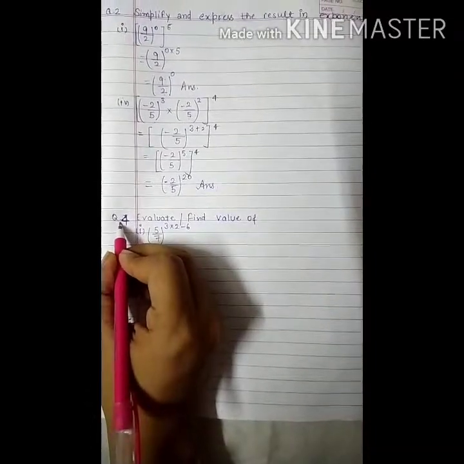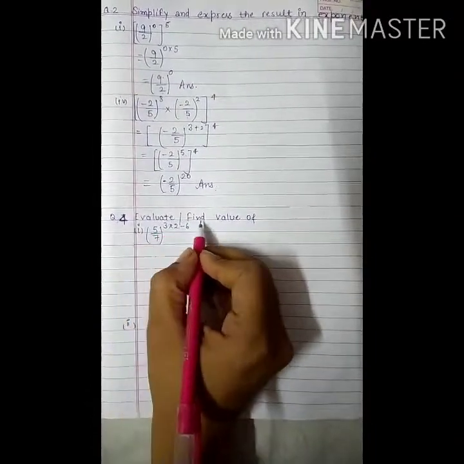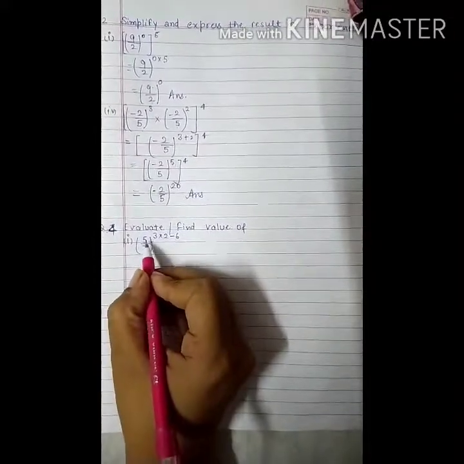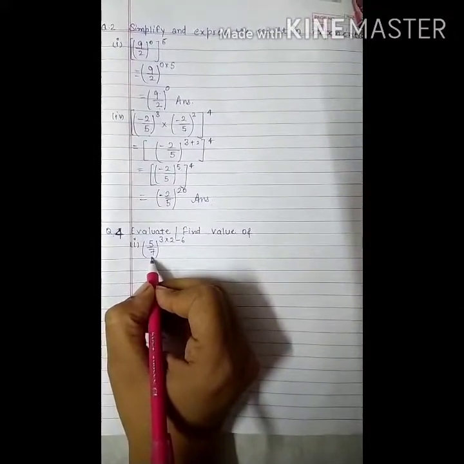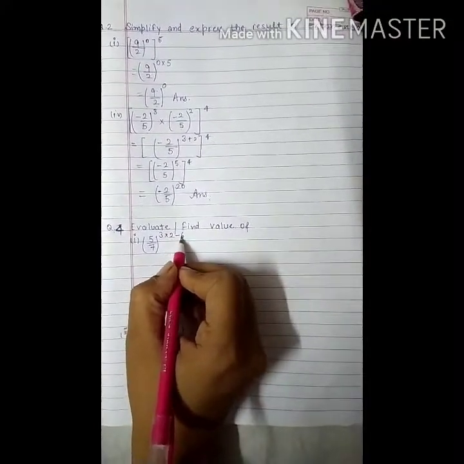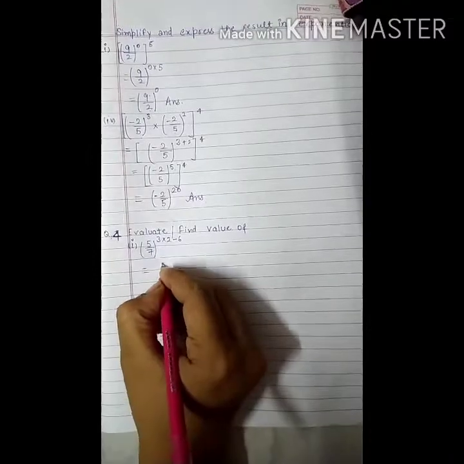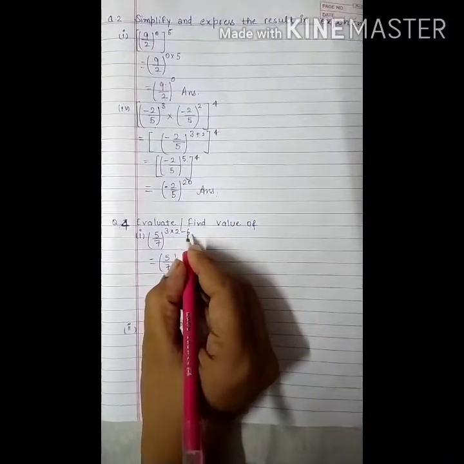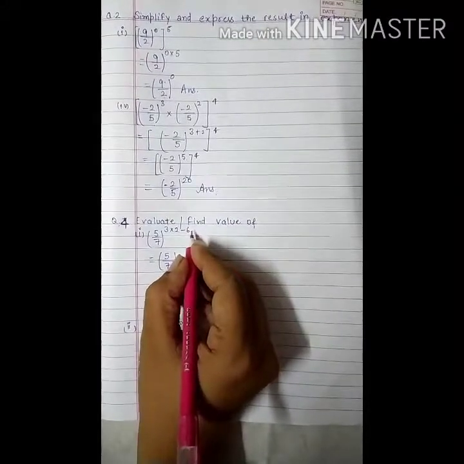Now question number 4 is evaluate or find the value of. Part 1 is 5 upon 7 raised to power 3 multiplied by 2 minus 6. So first of all, we will solve the power using BODMAS rule.